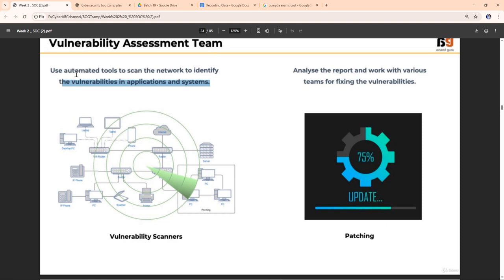You could also extend your practicals to scanning systems that are not in your network. For example, you have a website that you own. You can be in your house and scan that website to know, okay, this is what this website is running on. This is the kind of house it is. This is the kind of material they used to build the house.